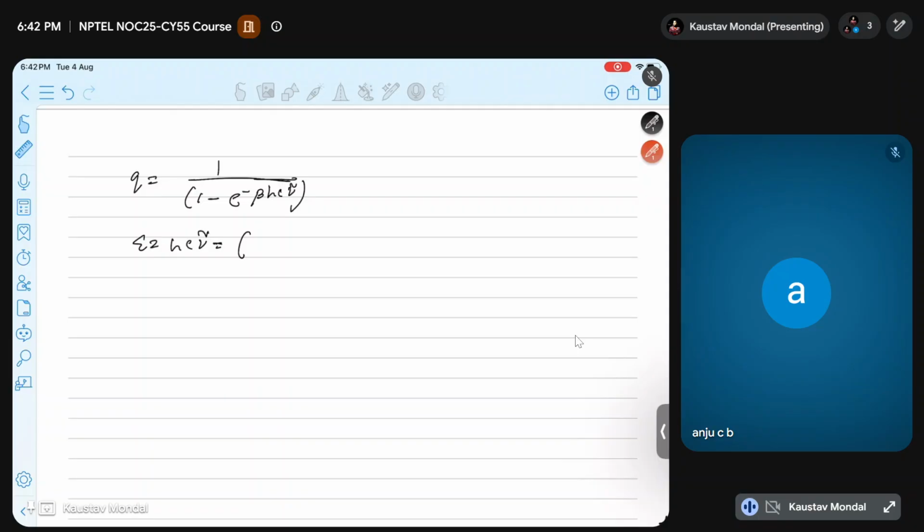Let me write everything in SI units: 6.626 into 10 to the power minus 34 joule per second, right?